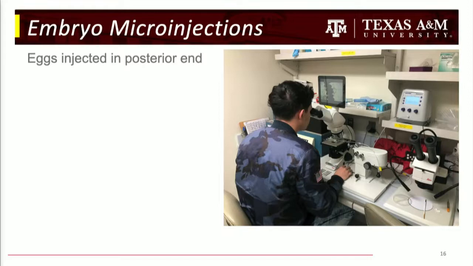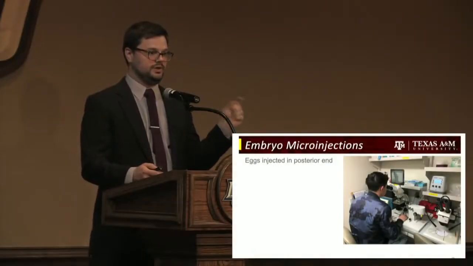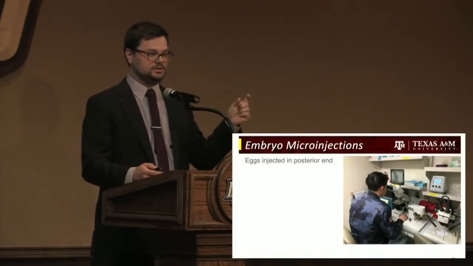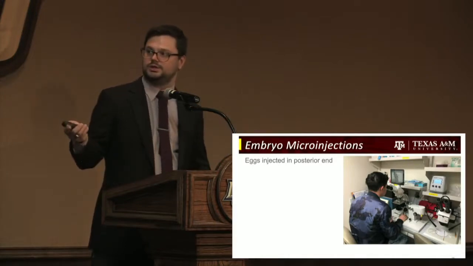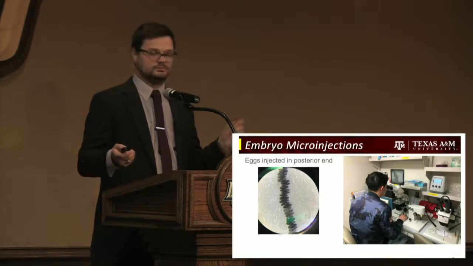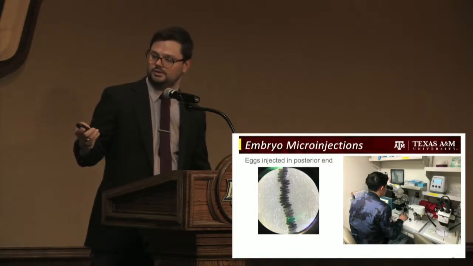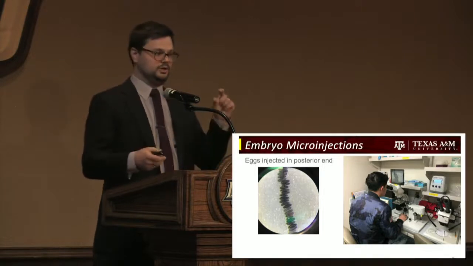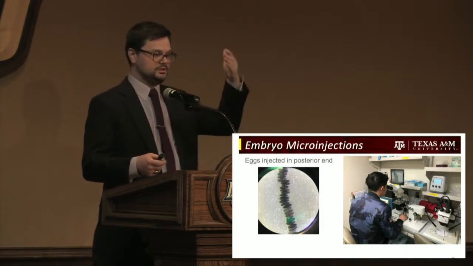And since we want them to pass on these genes, we want to make sure that if none of their other cells are affected by the Cas9, at least their gametes are affected. And so we inject in the posterior end because that's where their gametes are developing. And so we have to line them up, and we can't just line them up any way. We have to line them up with the narrow end facing all the same direction.